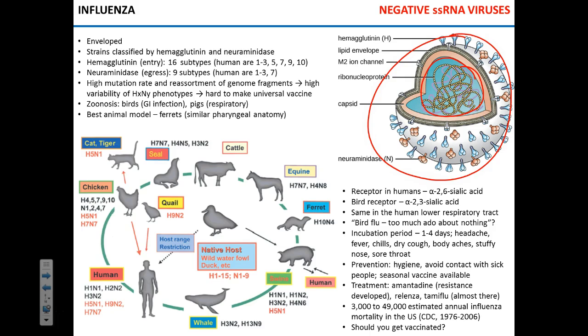One interesting feature of the RNA is that it is segmented. Think about this RNA as a deck of cards. It has 8 fragments. Okay? You need all 8 fragments to have a replication competent virus.